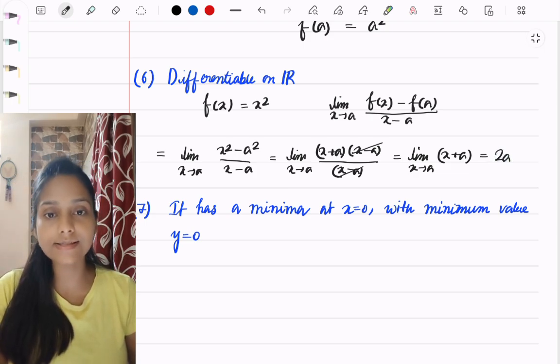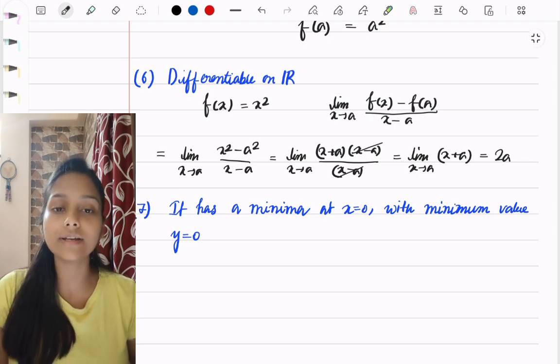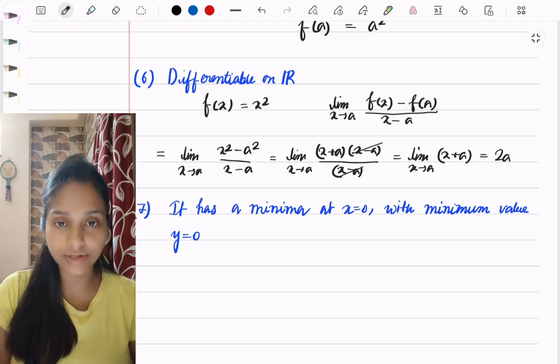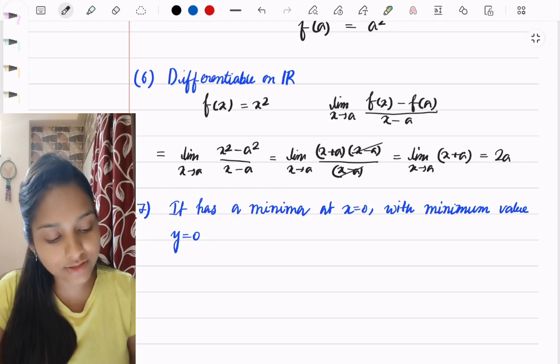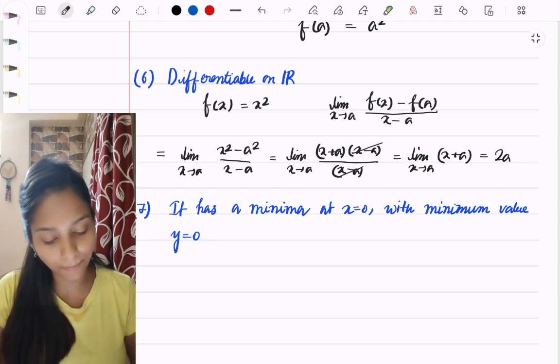So the limit exists, so the function is differentiable at a, and for an arbitrary number a, the differentiation gives the value 2a. So the derivative of this function is obviously 2x.